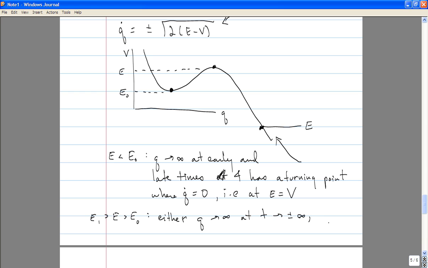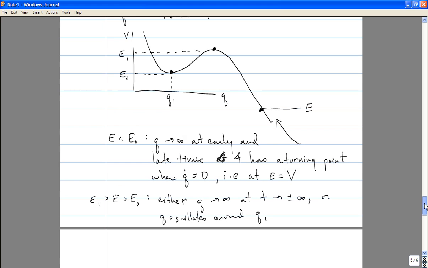Or the other possibility is that Q oscillates around the stable minimum, which we could call Q1, where the size of the oscillation is determined by the value of the energy. And finally, if E is bigger than E1, then Q will go to infinity at early and late times, but will have a turning point which is somewhere up here.